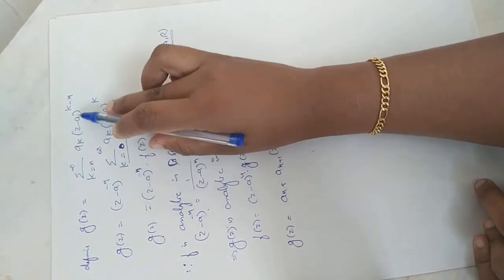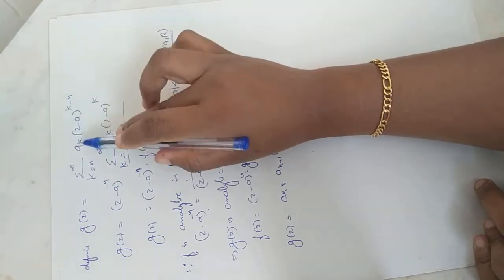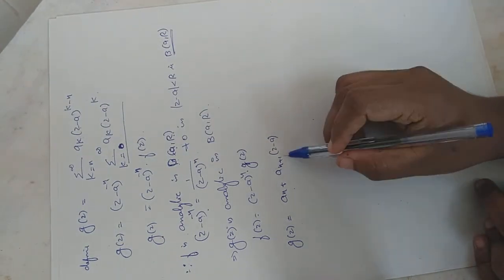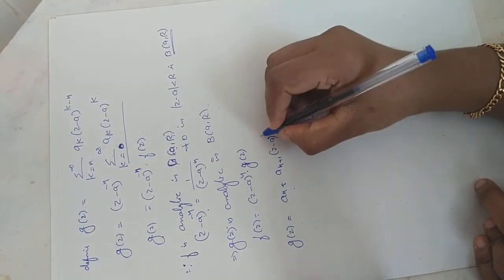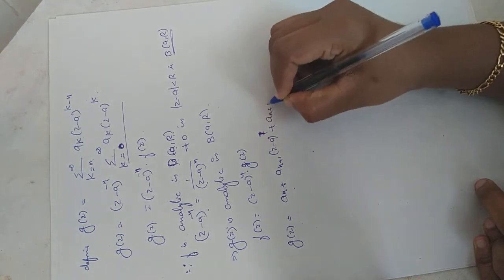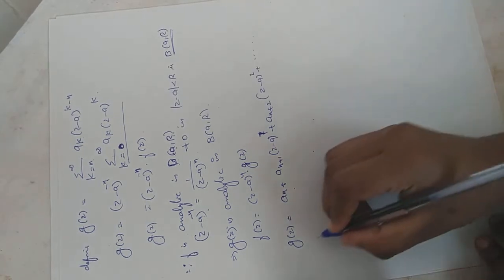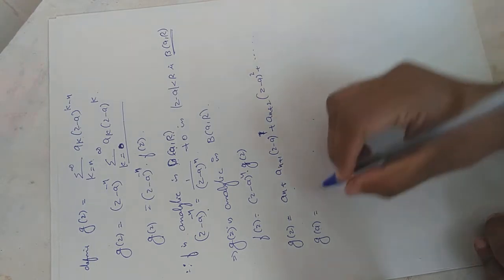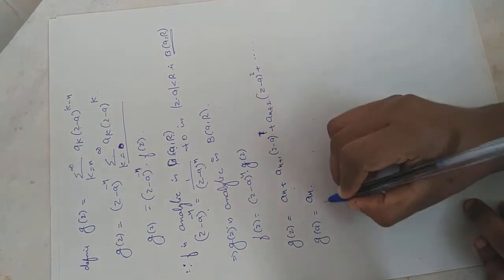So a_n (z − a)^{n−n}, that is (z − a)^0, giving a_n. Taking the next term, k = n + 1, we get a_{n+1}(z − a)^1 plus a_{n+2}(z − a)^2 plus etc. Then what is g(a)? When you take z = a, all these terms will be 0, so you get a_n.